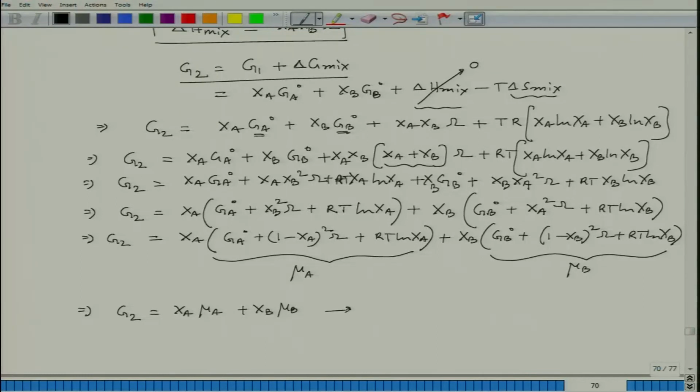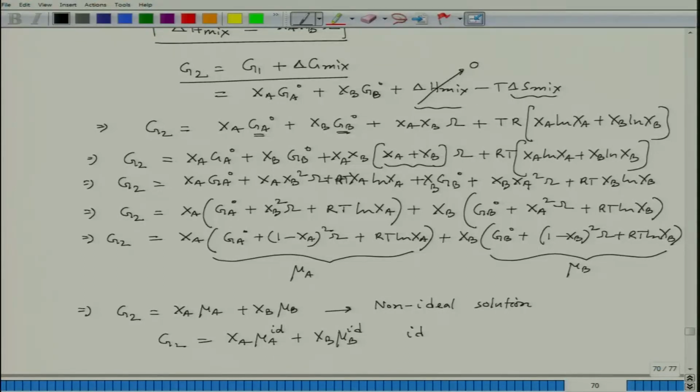This is in case of non-ideal solution. Now, here the only difference, if I try to find out the expression for G2 in case of ideal situation, G2 equal to x_A mu_A plus x_B mu_B, I simply put ideal.